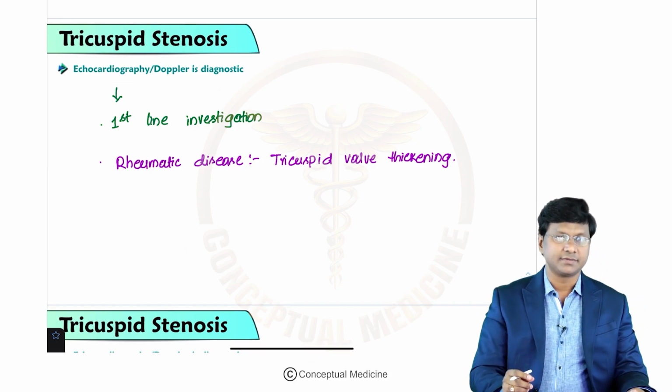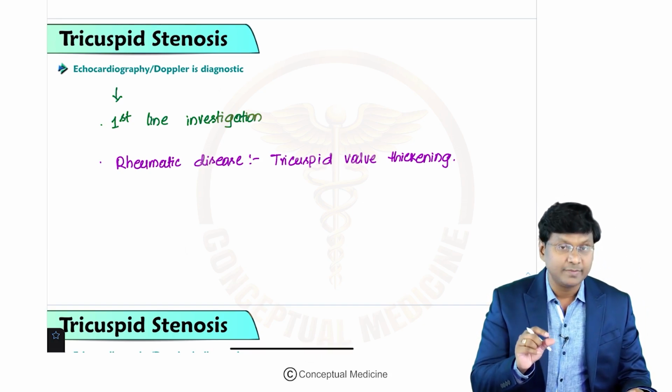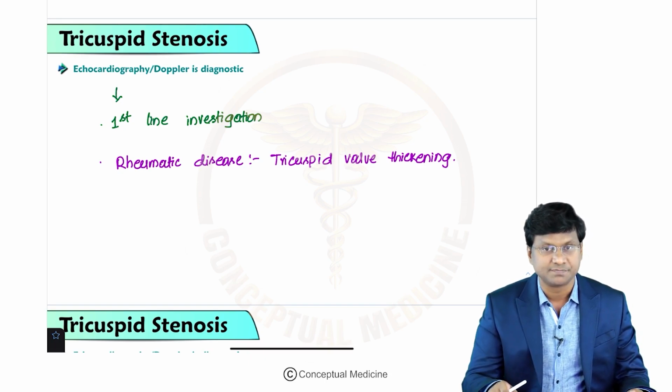So that will be the consistency of the tricuspid valve in rheumatic disease.